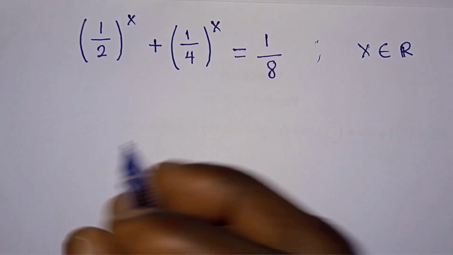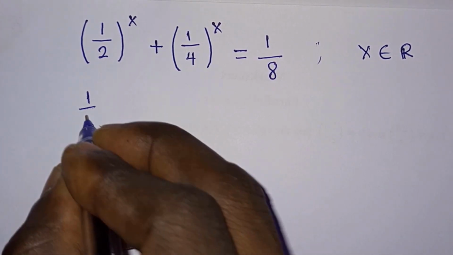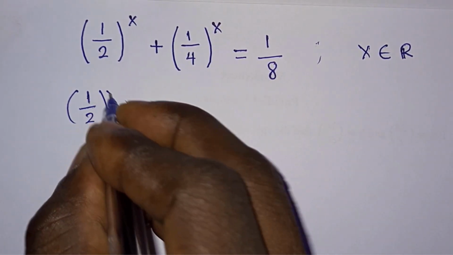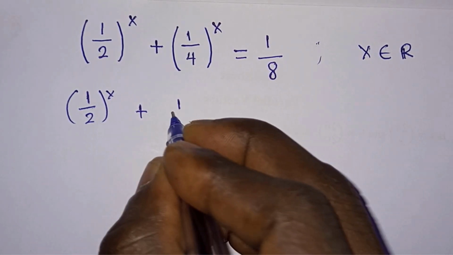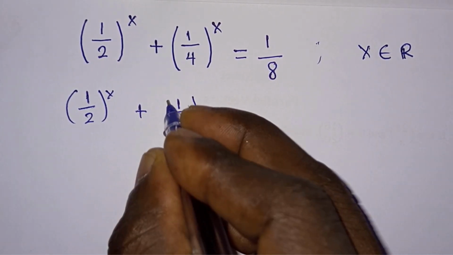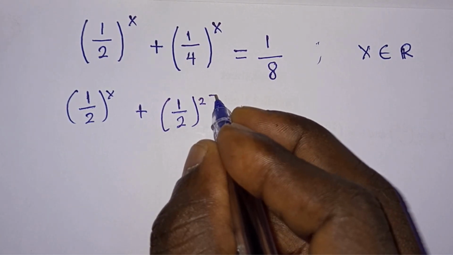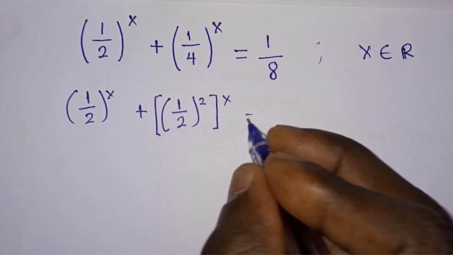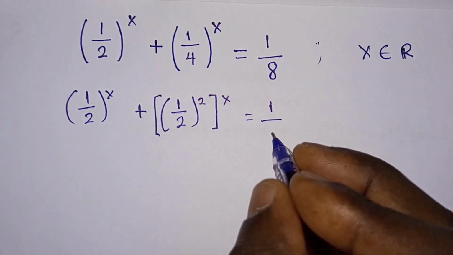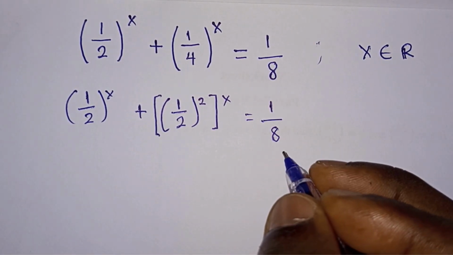So let's get started. We have (1/2)^x plus, I'll write 1/4 as (1/2)^2, then all to the power x, and this is equal to 1/8.